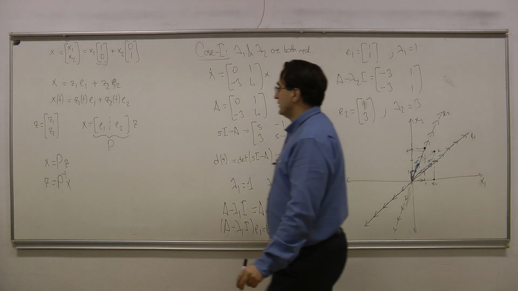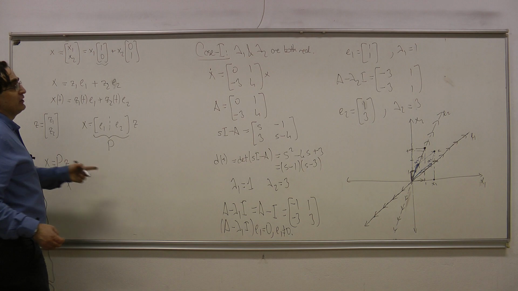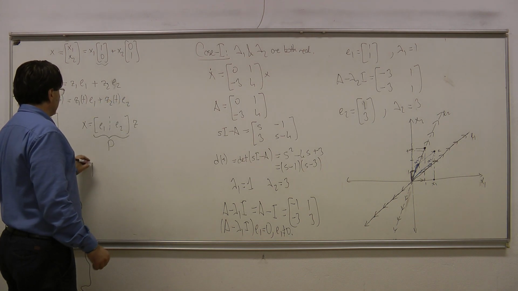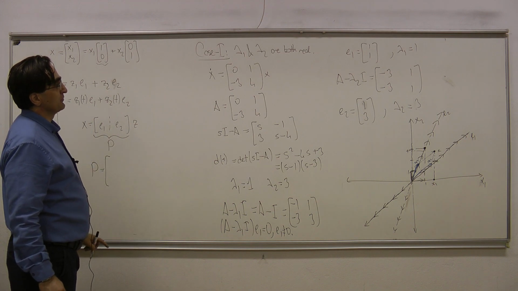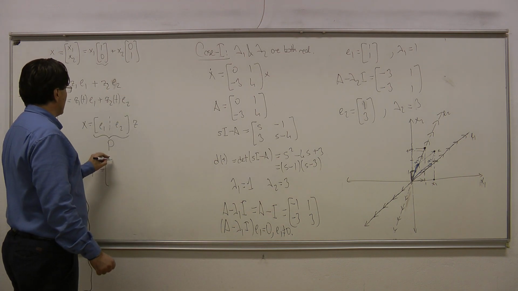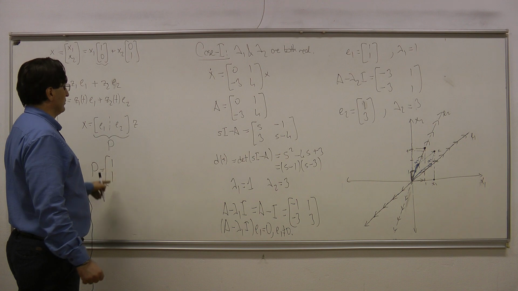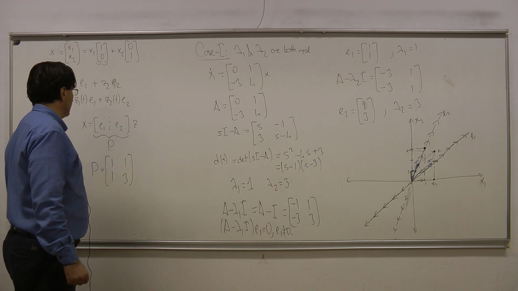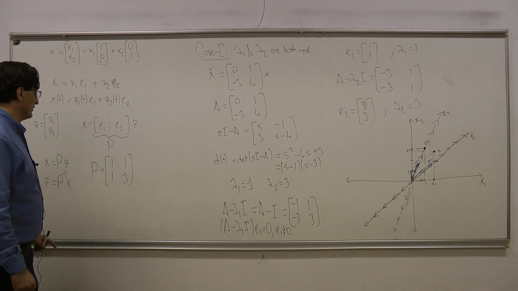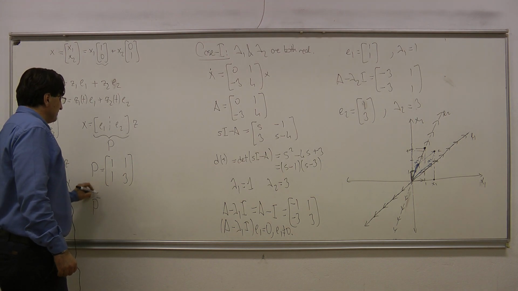So what is going to be my P matrix here? My P matrix is going to be composed of the eigenvectors as its columns. The eigenvectors are 1, 1, which is the first eigenvector, first column, and 1, 3, the second eigenvector. This is my P matrix. What is P inverse?